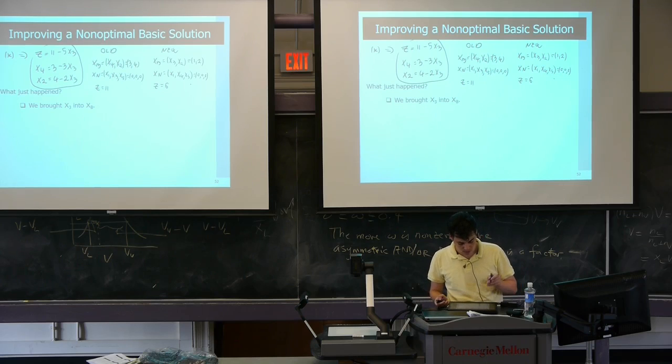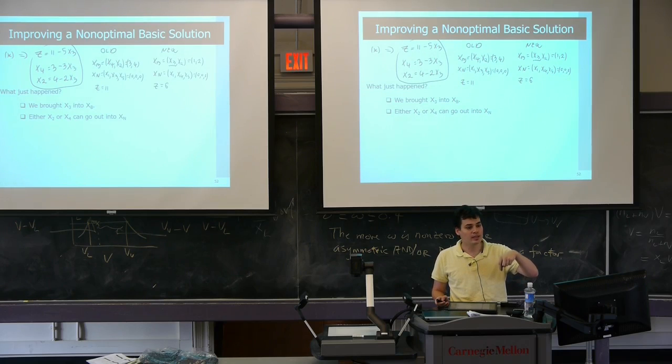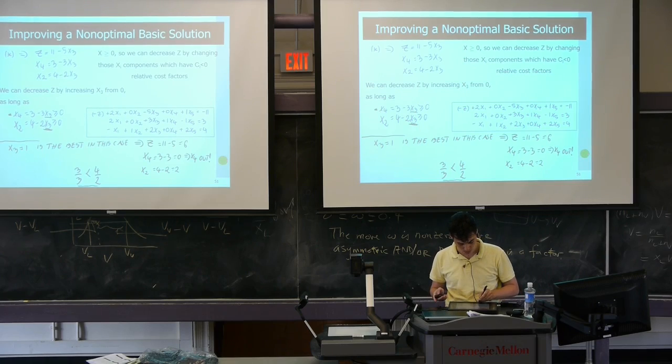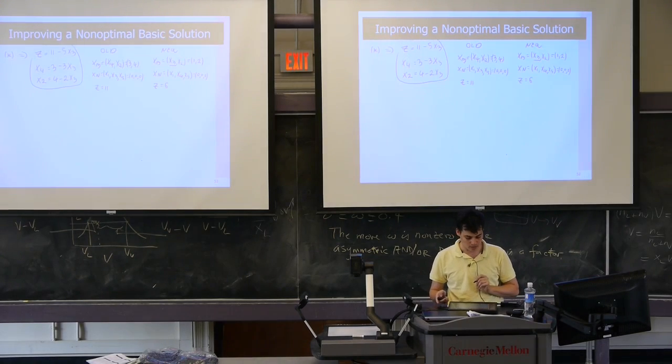We brought x3 into the basis, and we decided x3 is coming in based on the cost function, because the relative cost factor of x3 was negative. So either x2 or x4 could go out, and we checked this ratio. Based on this ratio, we decided that x4 goes out.